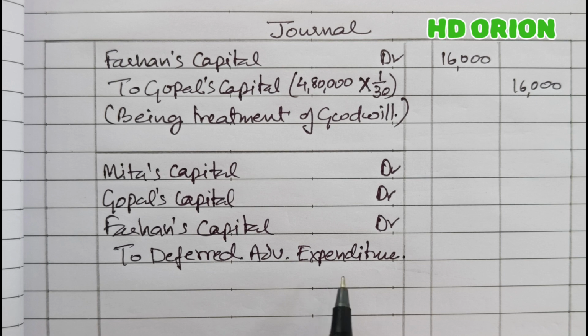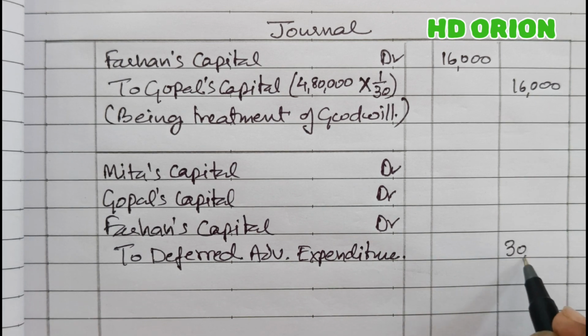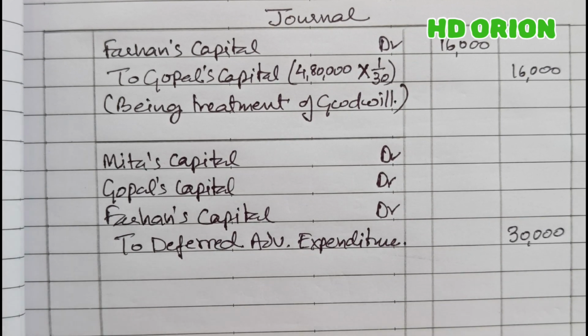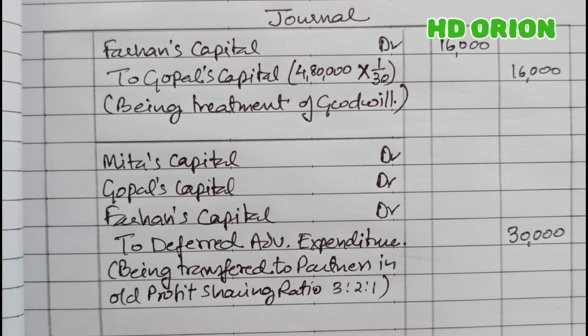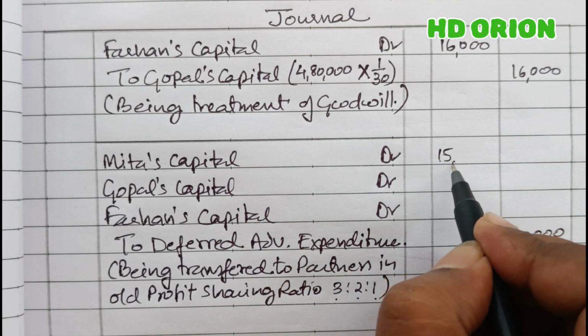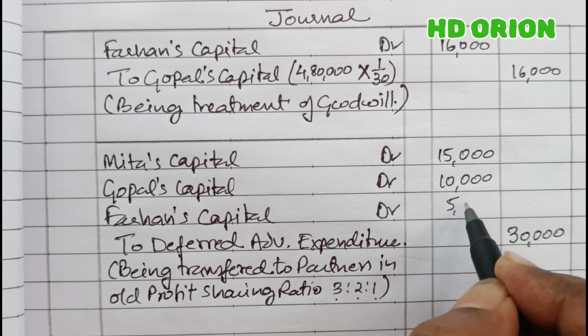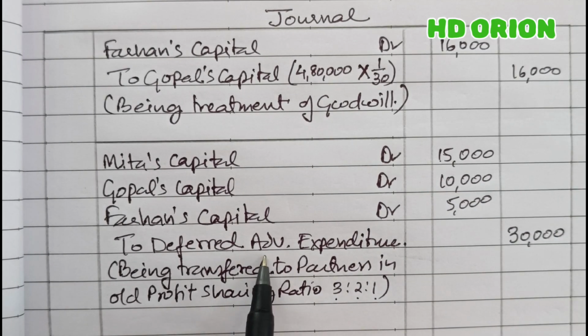And the amount here is 30,000 rupees, and it will be transferred to the partners in their old profit sharing ratio, which is 3:2:1. So 15,000, 10,000 and 5,000. So in this way, deferred advertisement expenditure is credited and closed, and now in the new balance sheet it will not be shown.